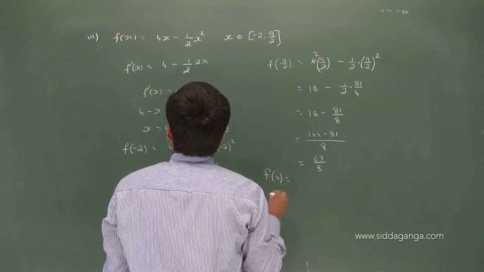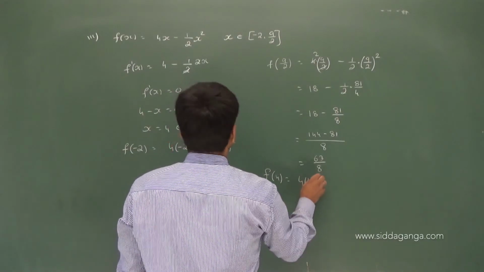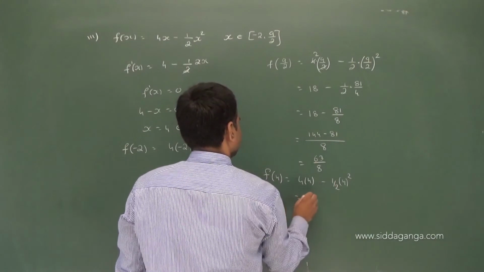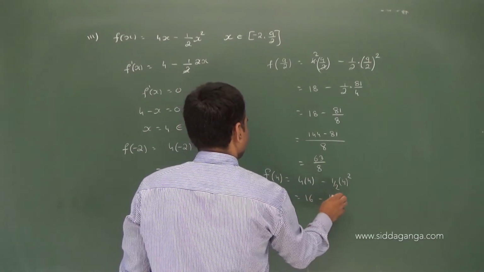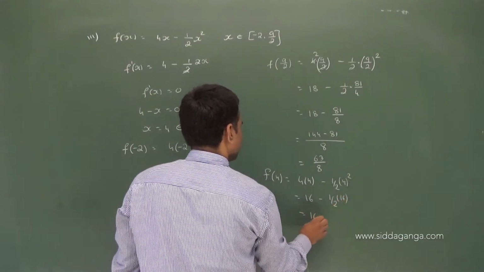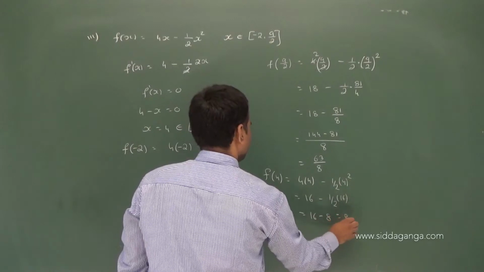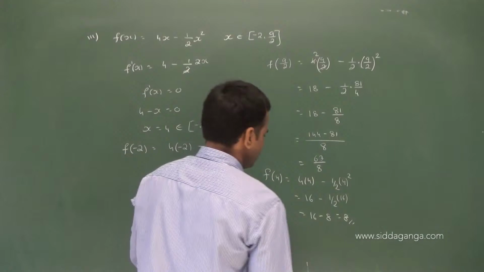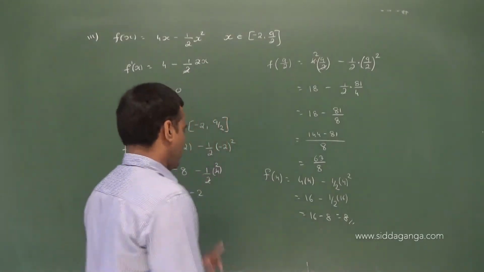Then f of 4: 16 minus 1 by 2 into 16, 16 minus 8, 8. Minus 10, 63 by 8, 8.